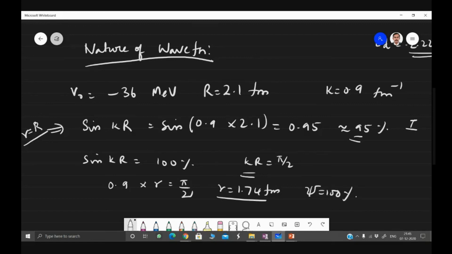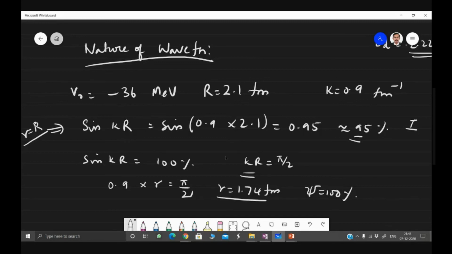So I repeat this step. At r is equal to capital R, that is at 2.1 Fermi distance, K value is 0.9 Fermi inverse. So sin KR will be 0.95 or 95%. So in order for this wave function to be maximum, KR has to be equal to pi by 2.